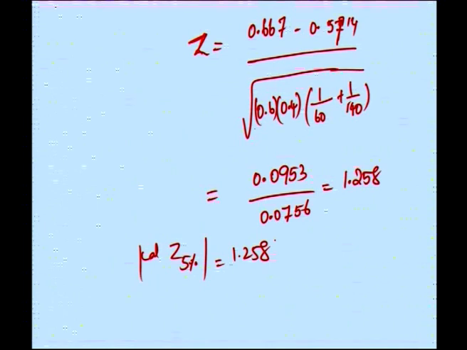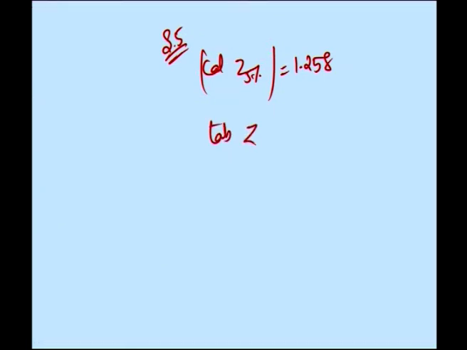Next we will go ahead with the tabulated Z and the conclusion step. So, calculated Z at 5% is 1.258. Tabulated Z at 5% will be 1.96. When we compare, 1.258 is the lesser value.